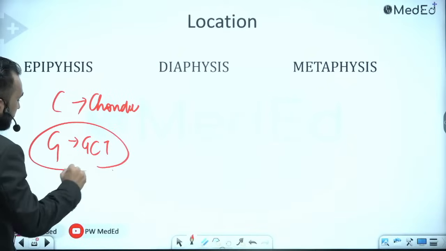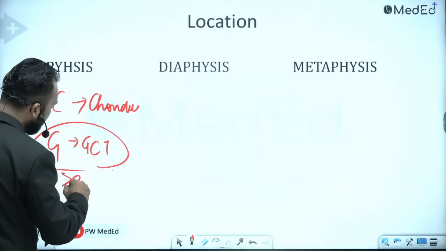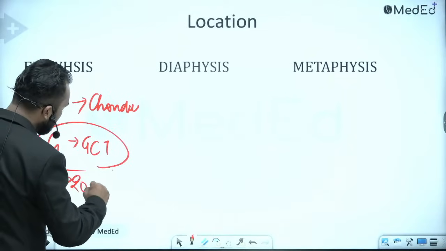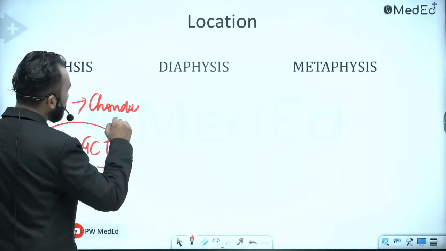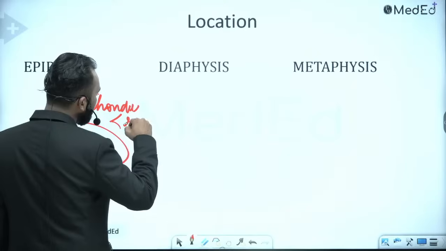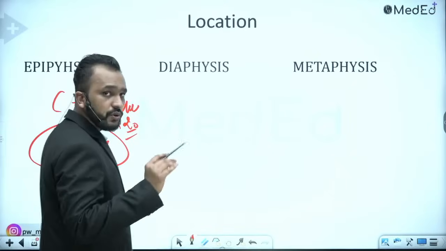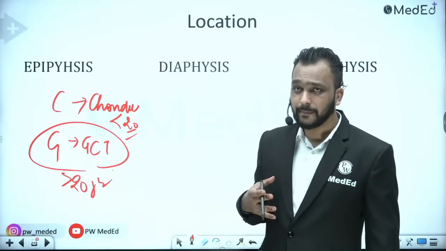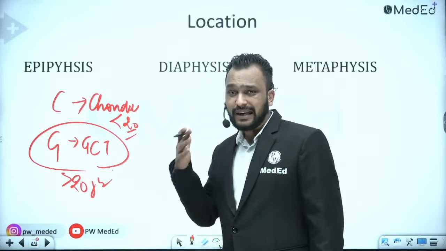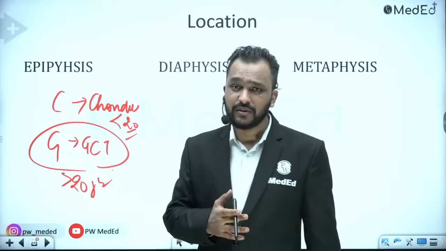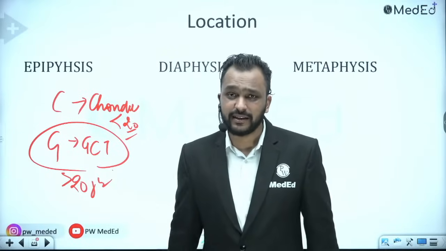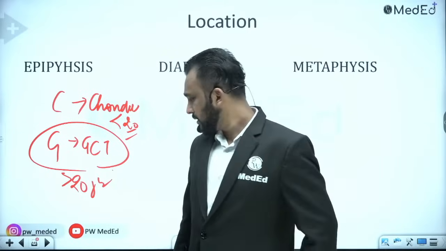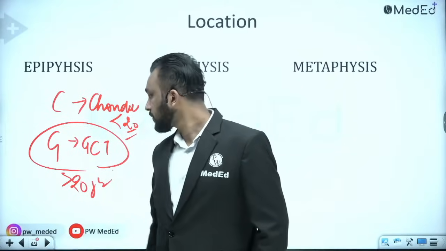And we have already discussed that giant cell will be present after skeletal maturity, more than 20 years of age, and chondroblastoma will be present in less than 20 years of age. So you will look at the growth plate. If growth plates are fused and the lesion is located in the epiphysis, it will be your GCT. And if the growth plates are not fused, lesion is located in the epiphysis, it will be your chondroblastoma.